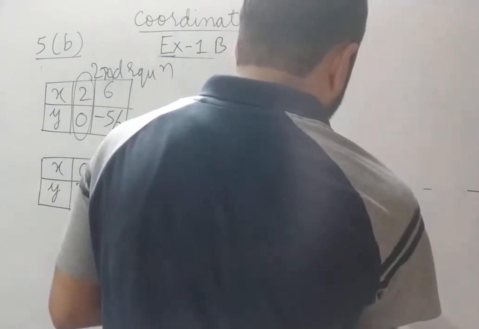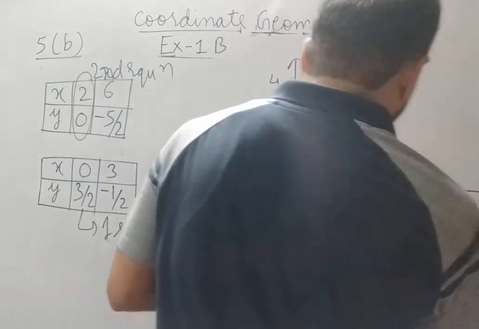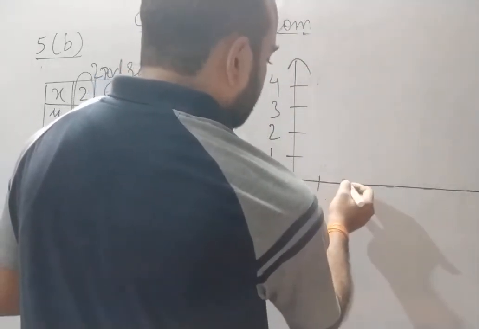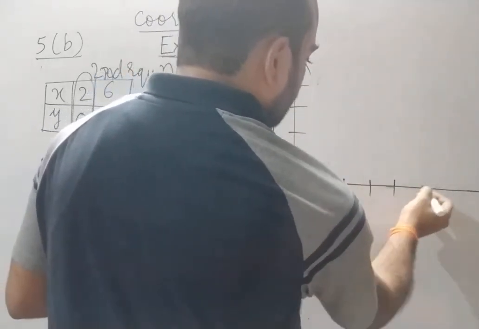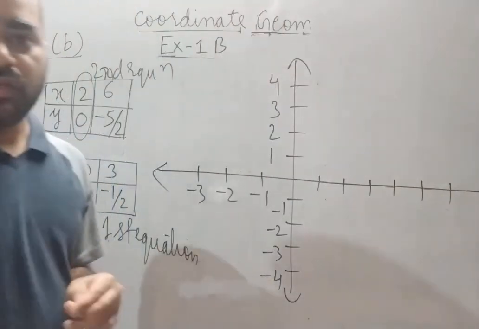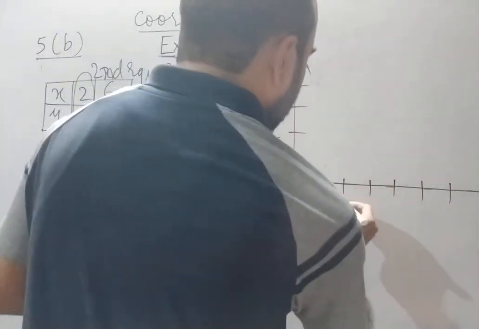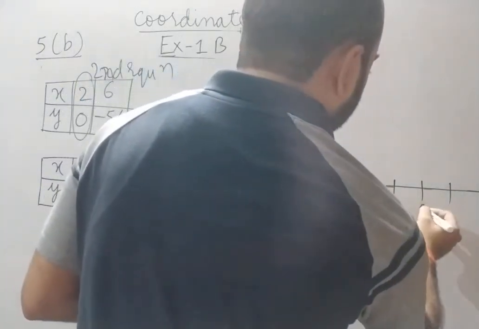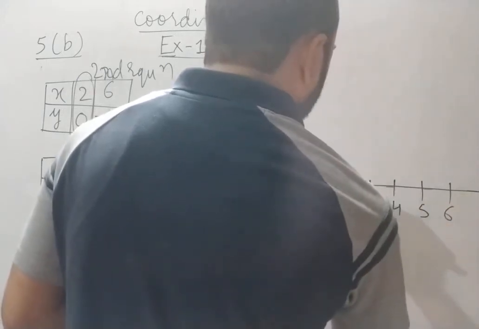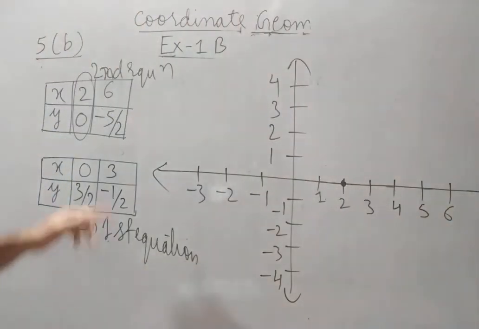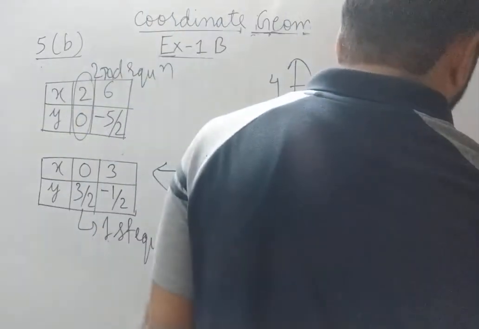On the x-axis we want the larger value. It means 1, 2, 3, 4, 5, 6. Now visible. 2, 0 we have already taken. Correct. Next is 6, minus 5 by 2.